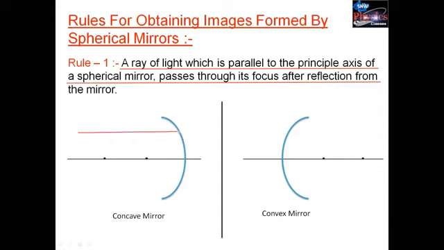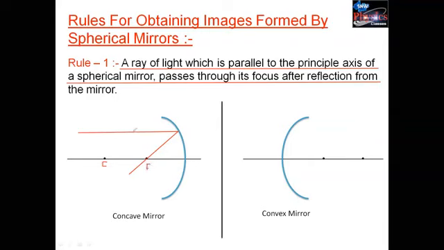What happens? It passes through the focus. This is the ray of light which is coming from infinity. After reflection, it passes through the focus. So here it is the center of curvature of the mirror and this is the focus.